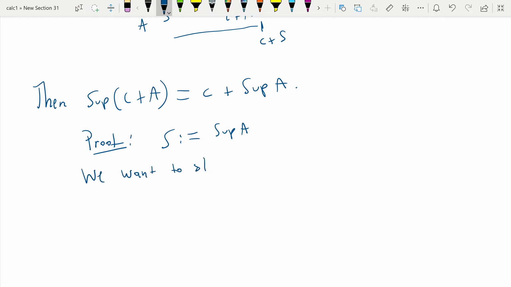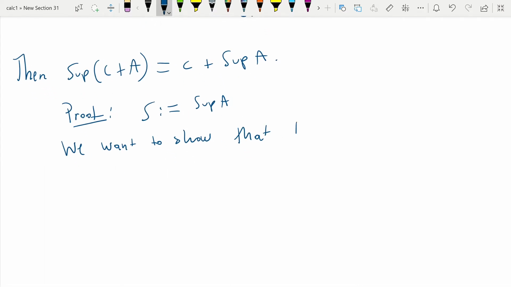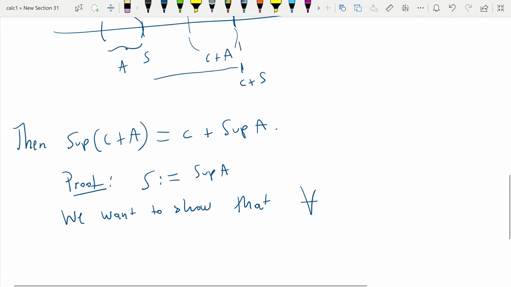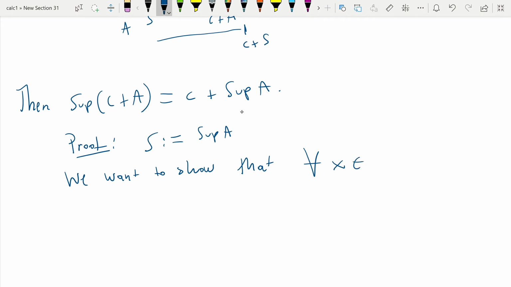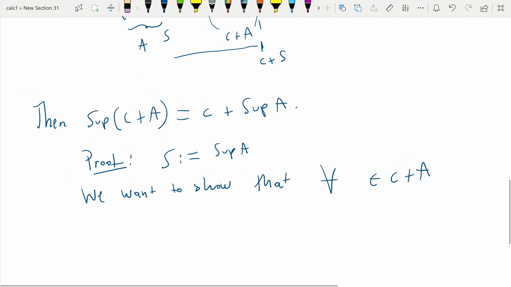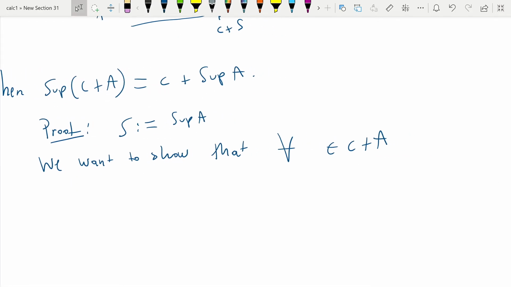We want to show that for any element of, let's just write it using mathematical notation, for all, maybe just reserve the lowercase a for the set A. So for any x in the set C plus A, if you wish, you can use just y or r for real number.